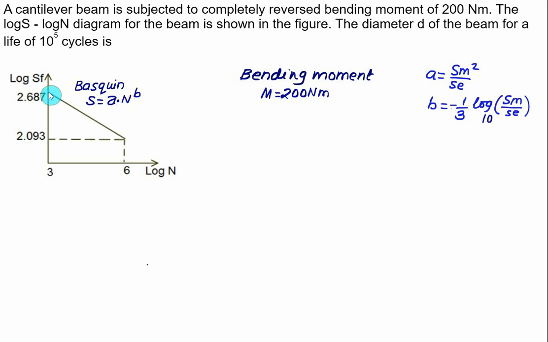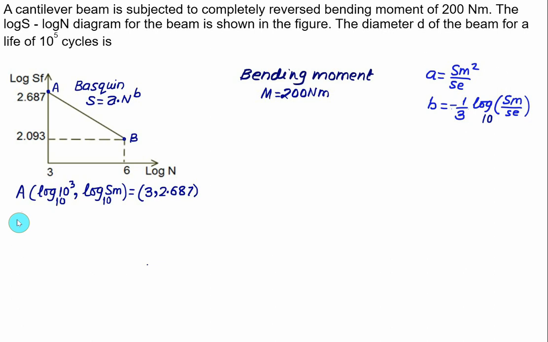So let's say this point is point A and this point is point B. The point A represents log of 10 to the power 3 to the base 10, comma, log of SM to the base 10, and this value is 3, 2.687.